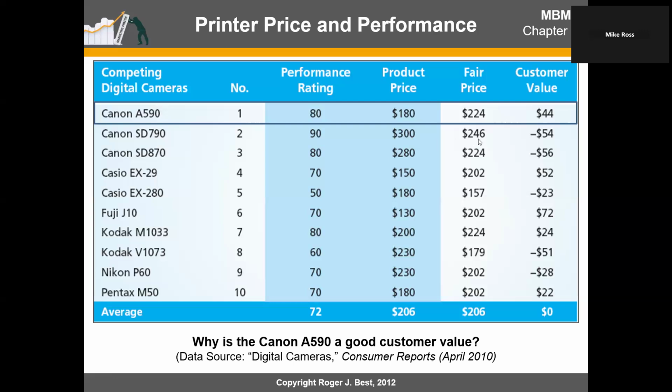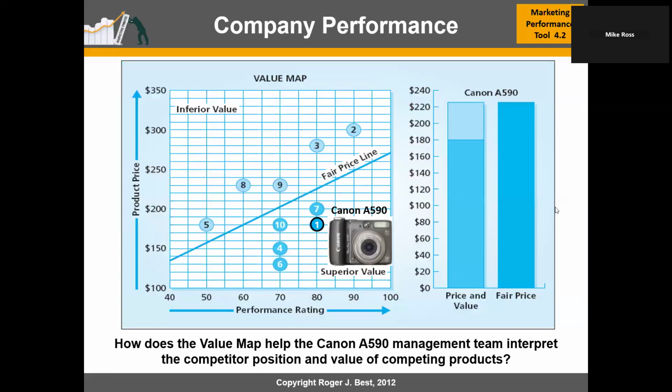For whatever reason, I would only be willing to pay $246 for that in my own mind, and so now I'm in a negative customer value position, because I would say, well, this product costs $300, but in my mind, I'm only willing to pay $246 for it, and therefore I'm going to decline purchasing that because again, I don't feel like I'm in a positive position.